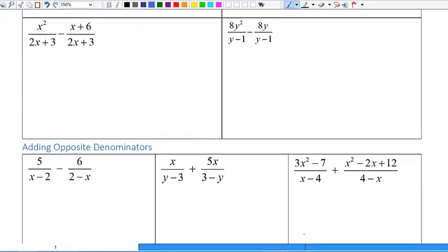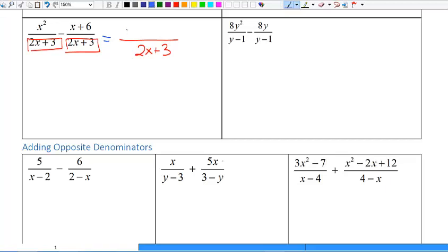On the next problem, notice that we have 2x plus 3 on both denominators, so that denominator is going to stay the same, 2x plus 3. In the numerators, we have more than one term on the second numerator, so we need to be a little bit careful here.